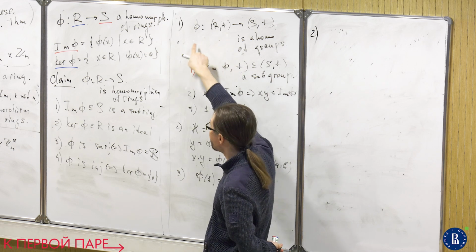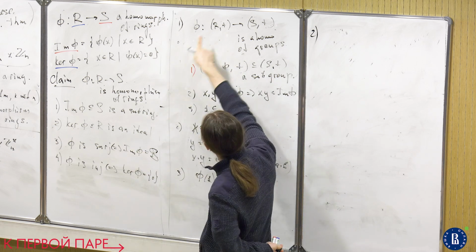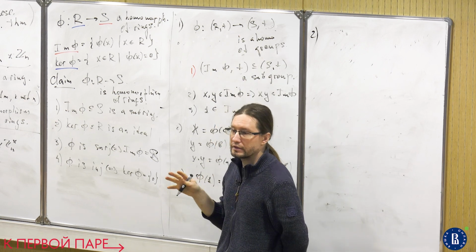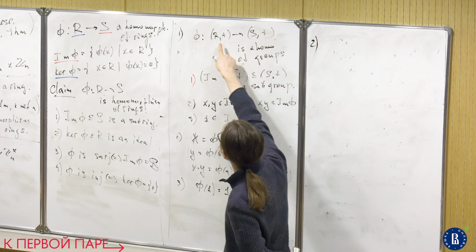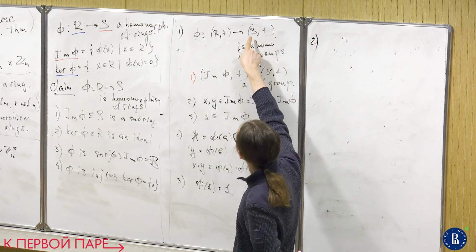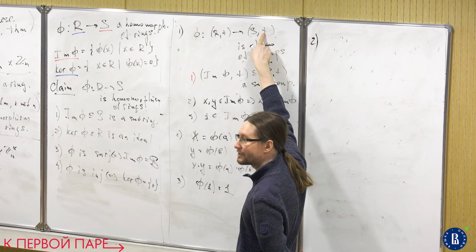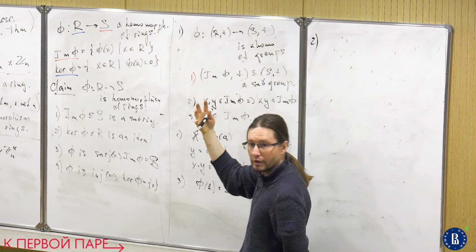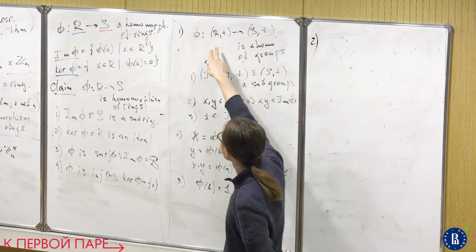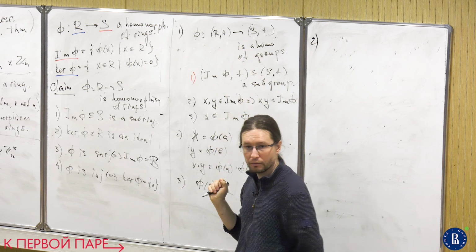And so, by definition, what is the kernel of the homomorphism of groups? It's the set of all elements here going to the neutral element here, okay? But what is the neutral element here with respect to addition? It's 0. So the kernel of this homomorphism of groups is the set of elements from R going to 0.